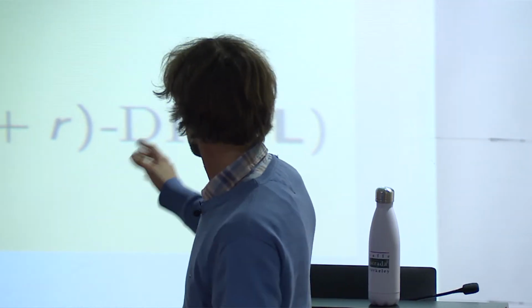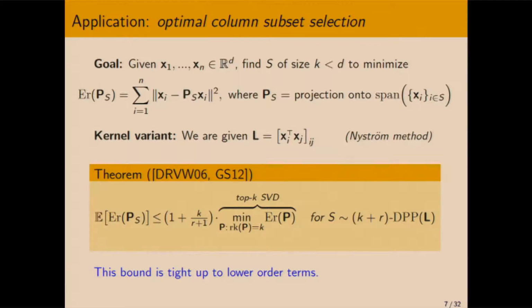And just a minor side note here, there's a k and an r. We wanted to pick a subset of size k, and that would be choosing r equals 0. There I allowed a certain slack to pick a subset of size k plus r. This is a minor element, but that's an equality if r is 0.